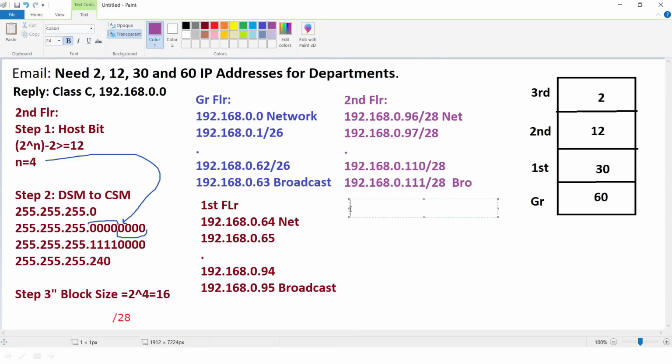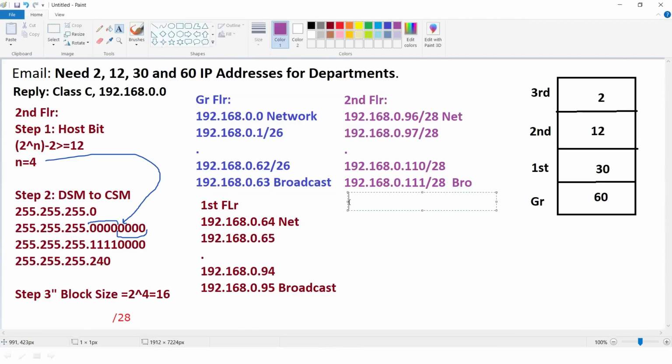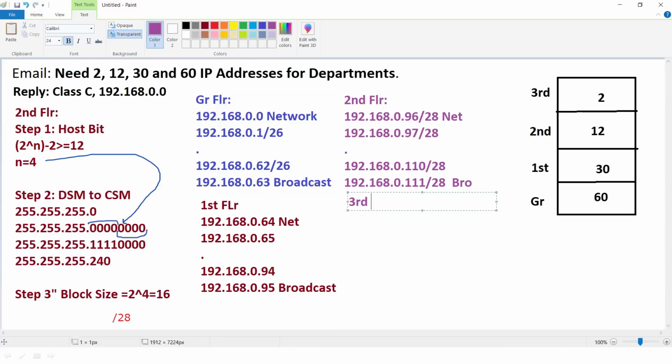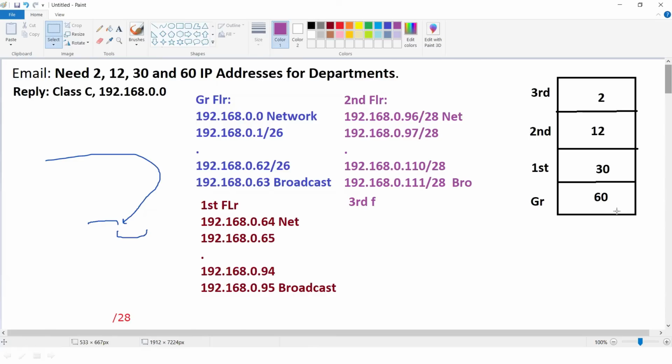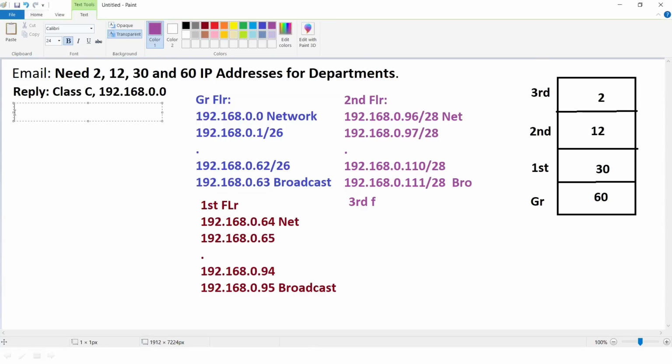Okay. Now calculate the IP addresses for the third floor. For the third floor, let's calculate the IP addresses by using the same procedure. Here the number of IPs needed is two.